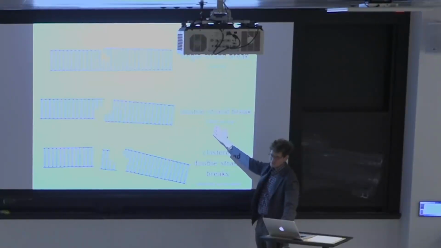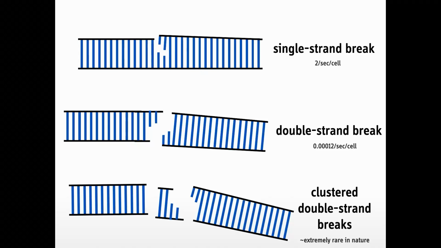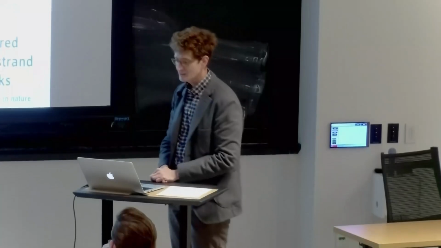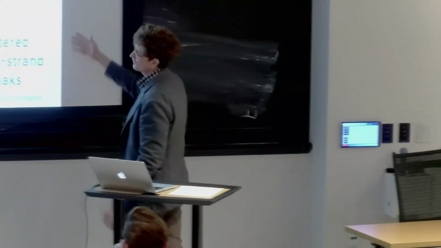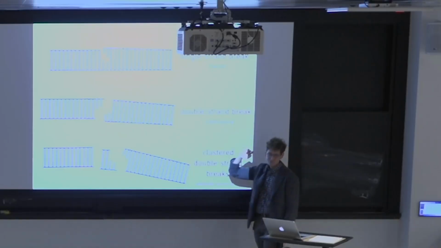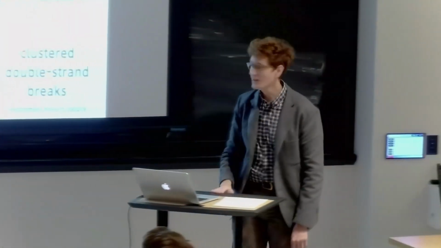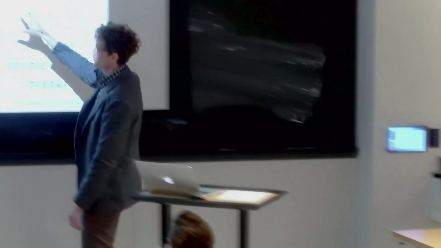But this kind of break, where we have a double strand break, is pretty rare, right? That just two happen to happen in close proximity to each other. It's something like once every, it turns out, every 2 hours. So it still happens, and you still have non-homologous end joining coming and gluing this together.